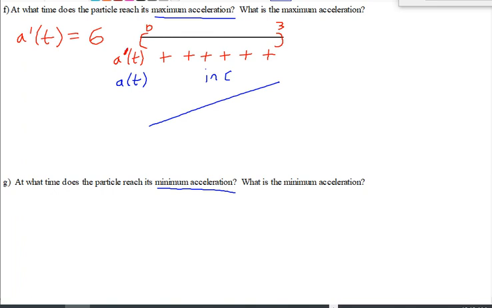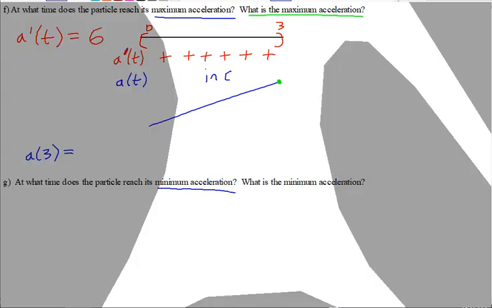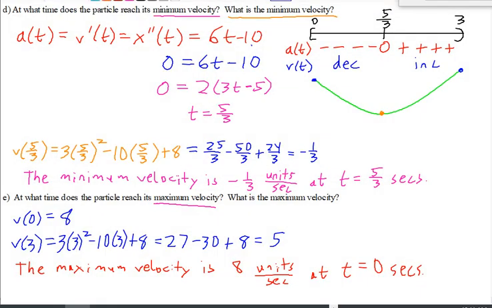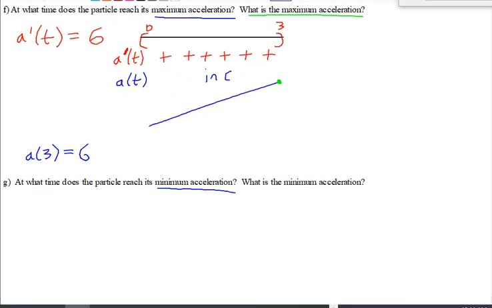And based on that, you can see, well, there's only one place the maximum acceleration could be. It has to be at 3. But we need to know what is the maximum acceleration. So we actually have to find a of 3. So remember, we know the acceleration function already was 6t minus 10. So that would be 6 times 3 minus 10. Gives you 18 minus 10, which is 8.